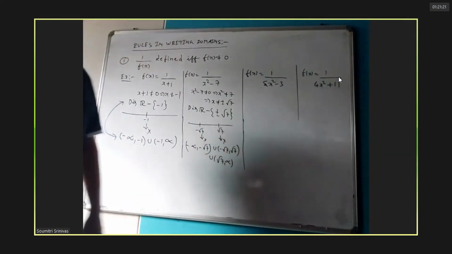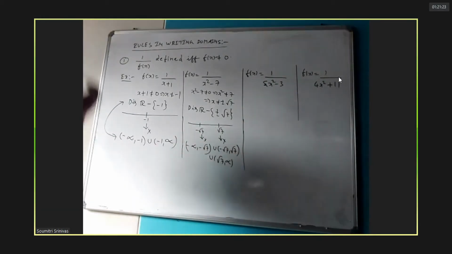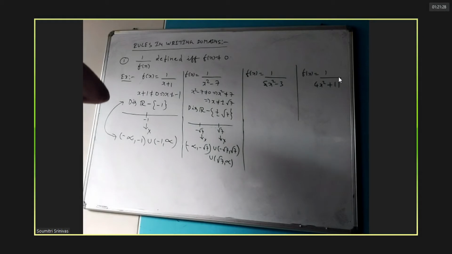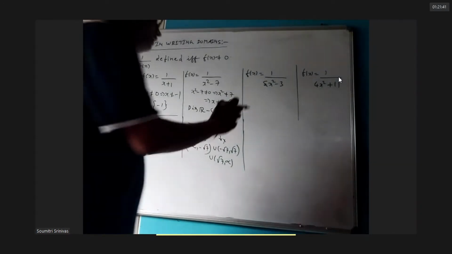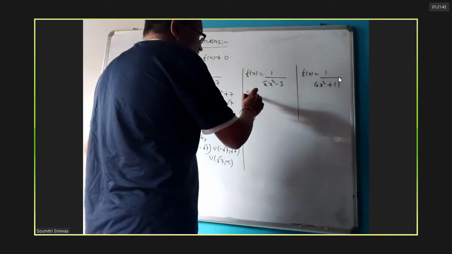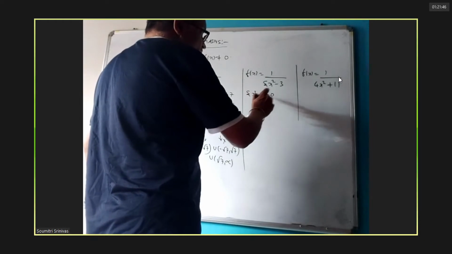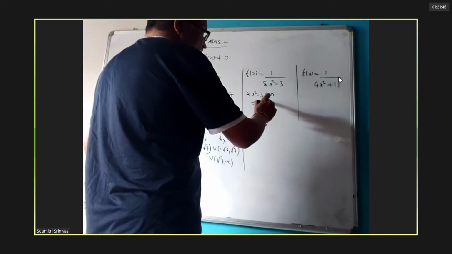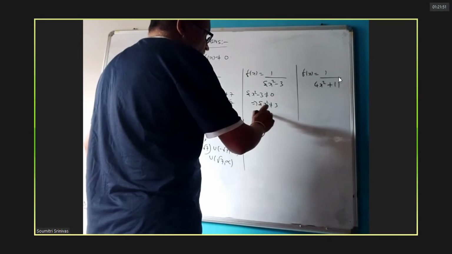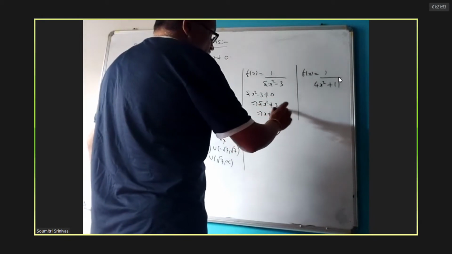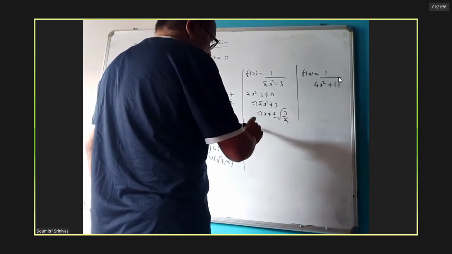Next. 5x square minus 3 not equal to 0. 5x square not equal to 3. x not equal to plus or minus root of 3 by 5.